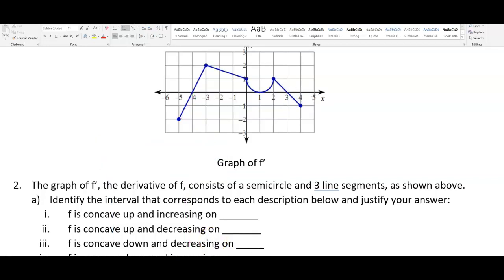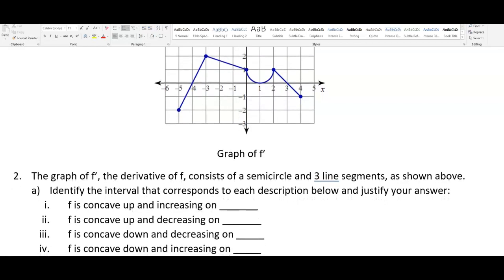Let's see if we can find another one here. Number 4. Now, I haven't been doing my justifications, so I'm going to do my justification for number 4 here. We had concave down. I think I was using this funny little pink color there.